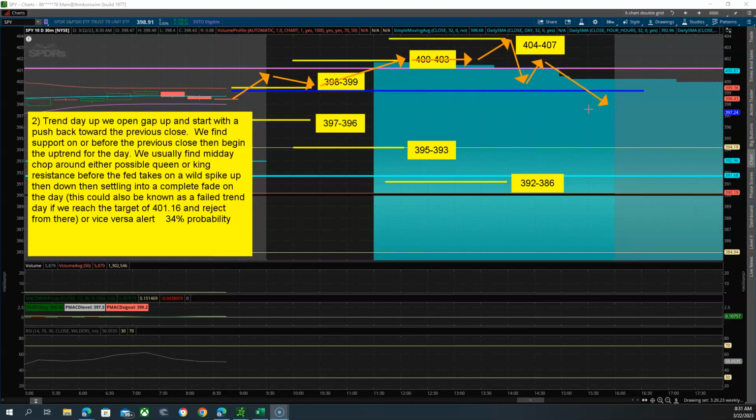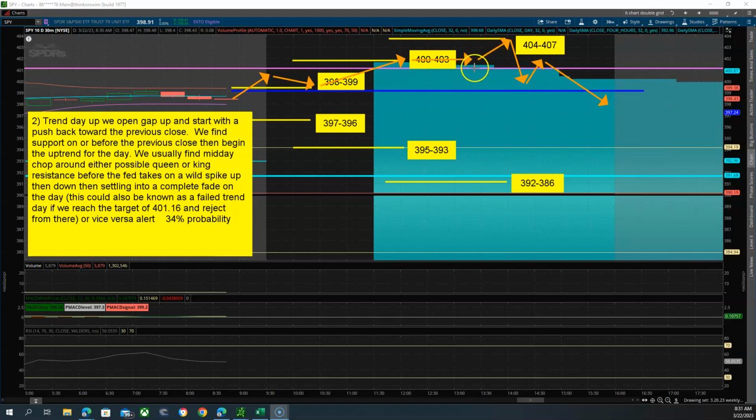And this could also be called a failed trend day, because there are scenarios and times where we enter the day into a strong trend day, but what reverses a trend day is the fact that we reach a target.